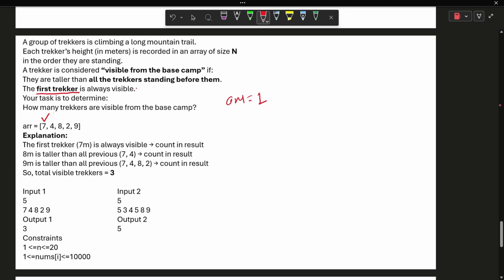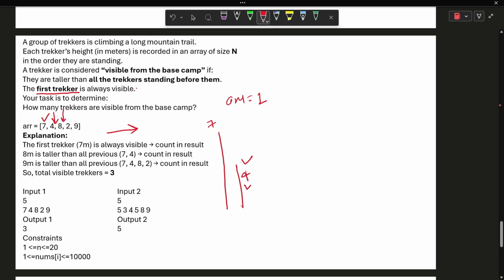Now, is 4 visible or not? Actually, we can consider these as lengths. The length of this particular pole is 7. For this pole, the length is 4. If we see it from here, is it visible or not? No, so we do not consider this in our answer.